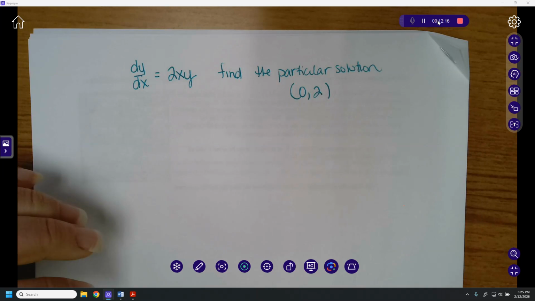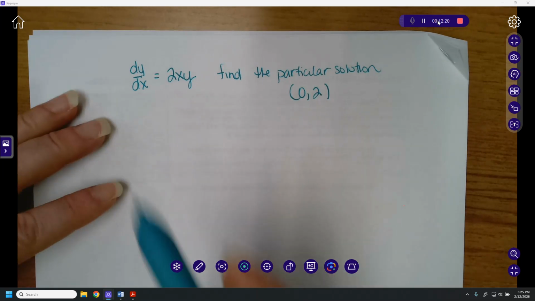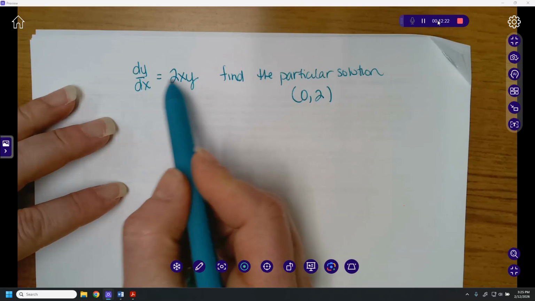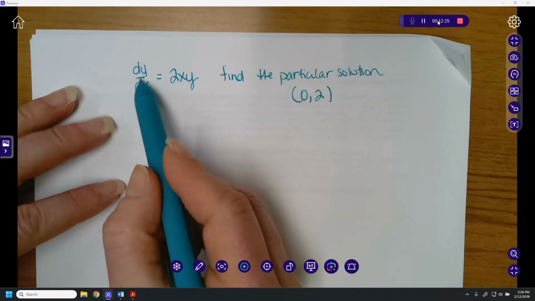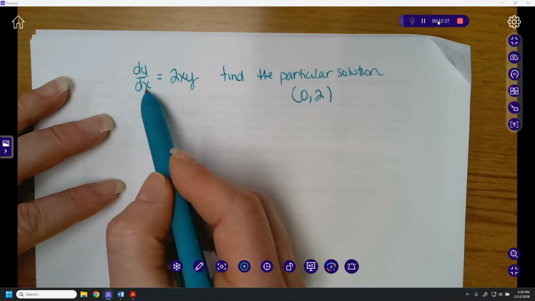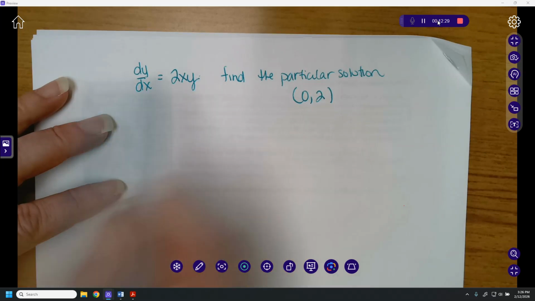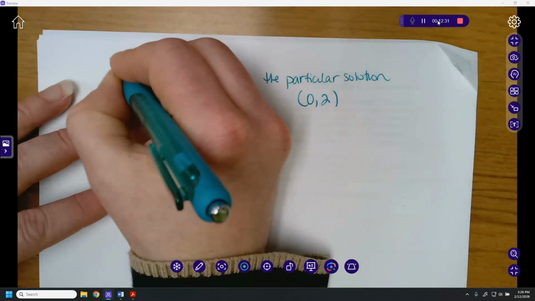All right, so I go through and I'm going to my separation of variables, and I need my x. You're always going to move the x because it's on the bottom of the fraction, so you're going to always move it over here. So I'm going to move the dx to this side.